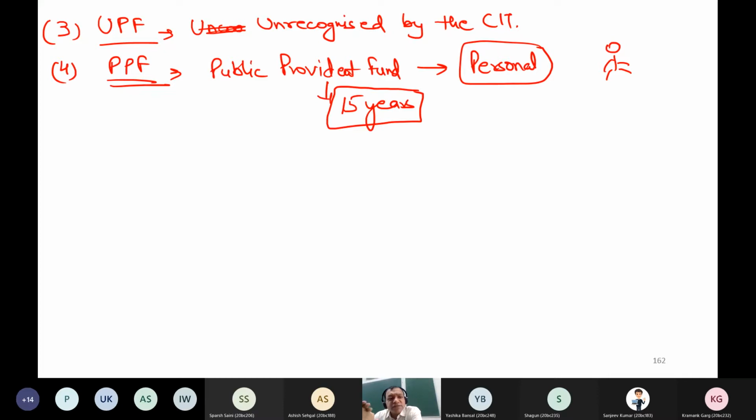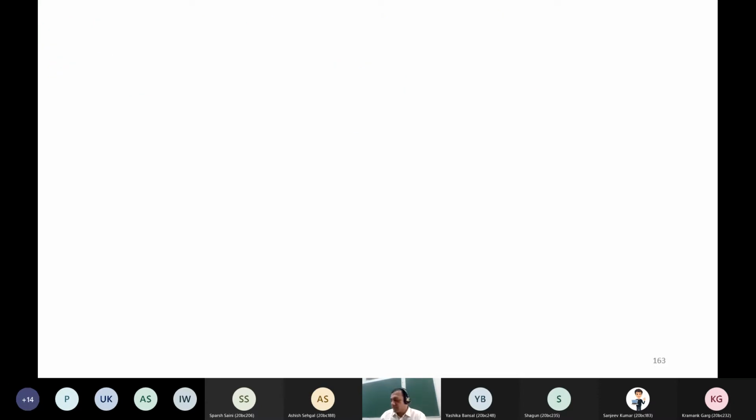So these are the four provident funds which are relevant for you. Now I have told you different types of provident fund, and now I will tell you the tax treatment of these provident funds. Earlier I was only explaining to you.